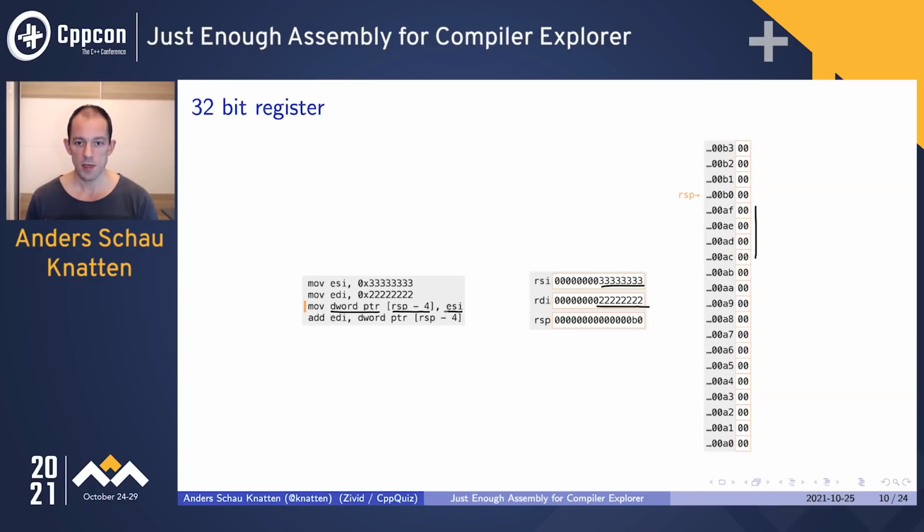So I put ESI, that's all these 3s, into RSP-4, and I get them over here. And then I can, of course, add it again like I did on the previous slide. So I have RSP-4, these ones, add those to EDI. EDI has a bunch of 2s. We add the 3s from memory, and we get all the 5s in the first operand, which is EDI, and we get all the 5s in here. Now we know also how to read and write ints.